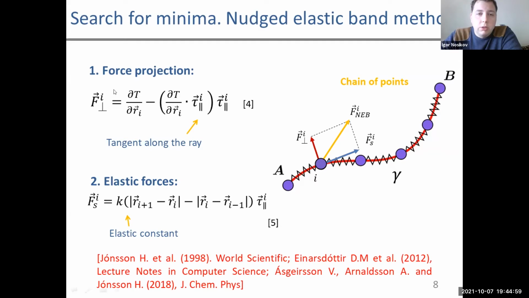We exclude the tangent component of the negative gradient of the functional in order to make the algorithm faster, more rapid. In the second step, we use elastic forces between intermediate points, which describe the ray trajectory. This elastic force controls the distribution of points along the path.